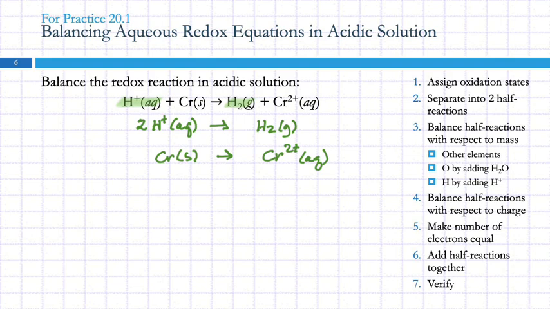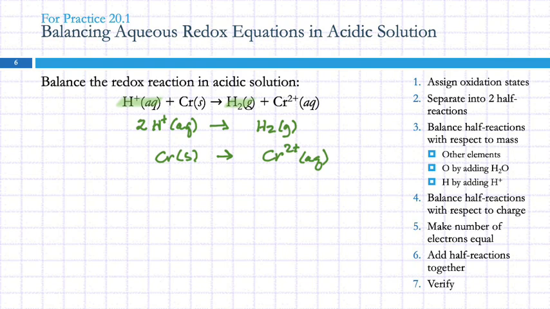Now we balance for charge. In this half reaction, I have a total of +2 on this side and 0 on the other. The charges have to be the same, and I'm going to fix it by adding electrons. If I add electrons to this side, it's going to be negative, and that side's going to be positive, and that's making it worse.